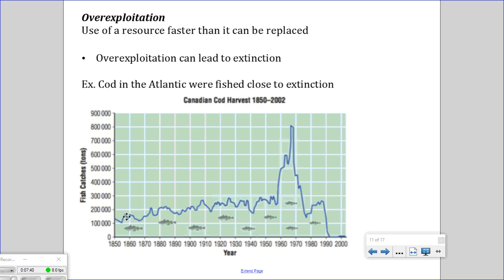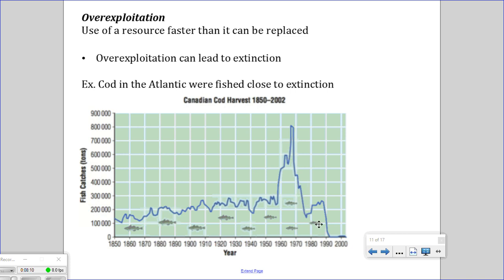And for a number of years, this was always kind of going up from the 1850s and would go up and go down and come up and go down. But in around the 1960s through the 1970s, there's just a dramatic increase in how much cod was being harvested from the Atlantic Ocean, and this caused a dramatic decrease in the populations, and you can see this by how much fish was caught.